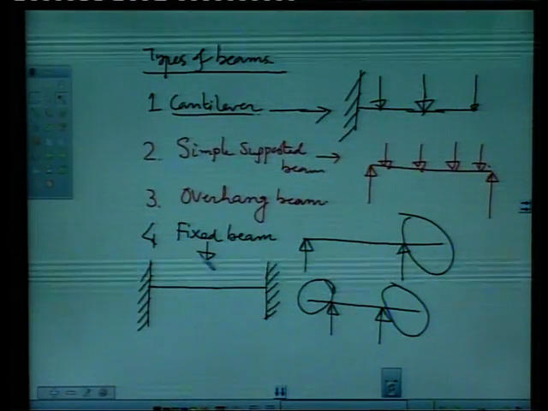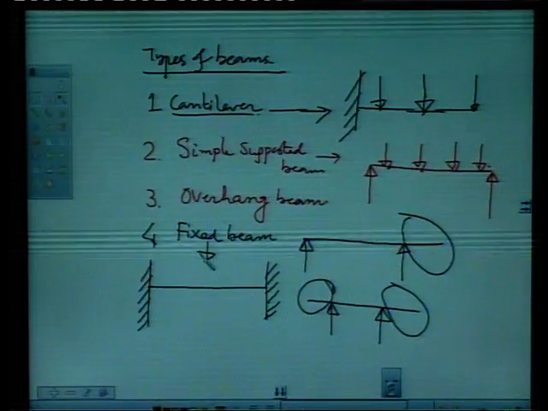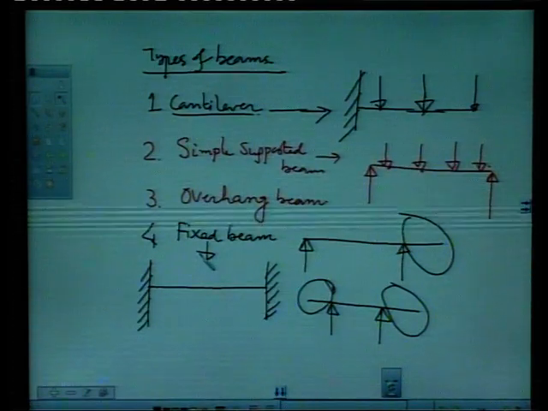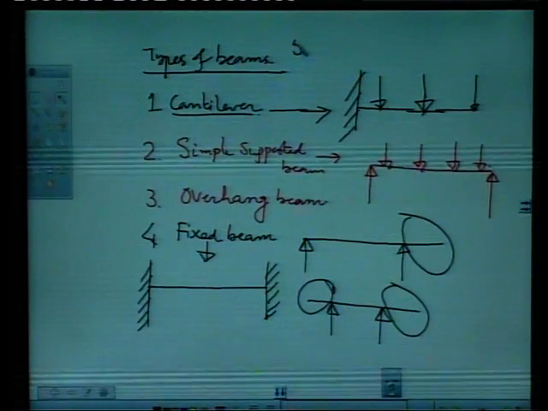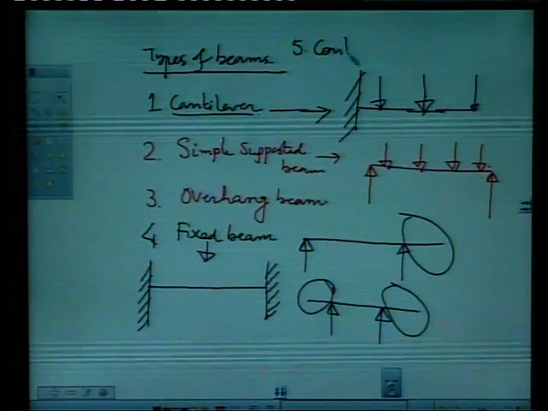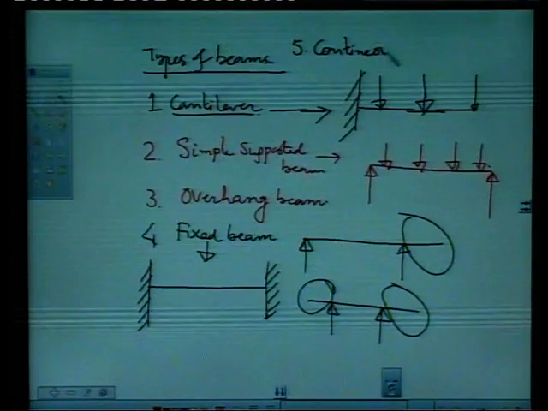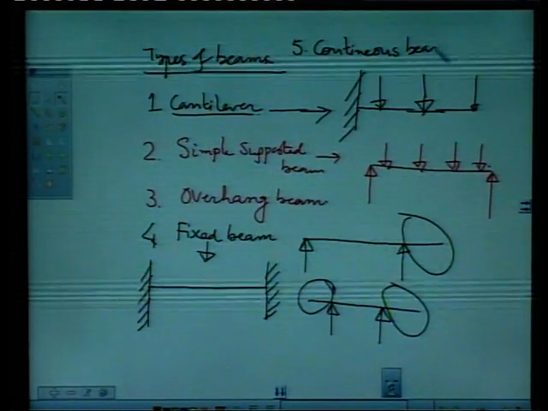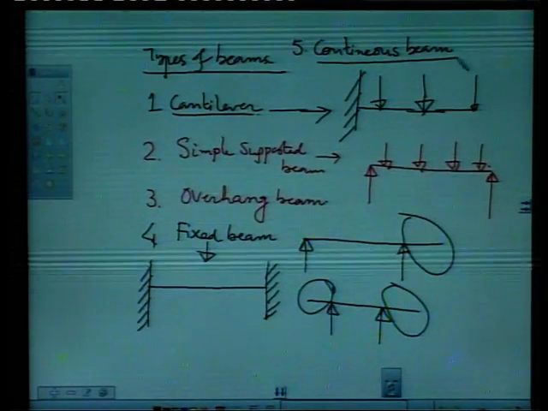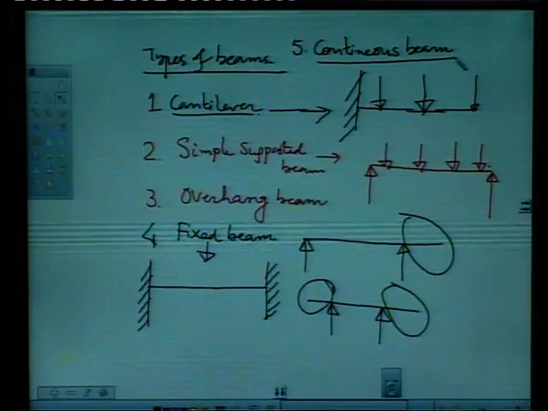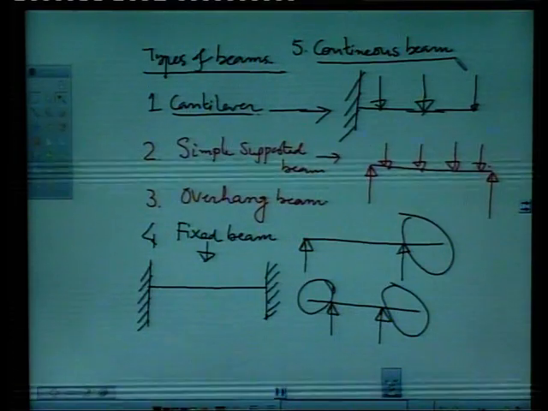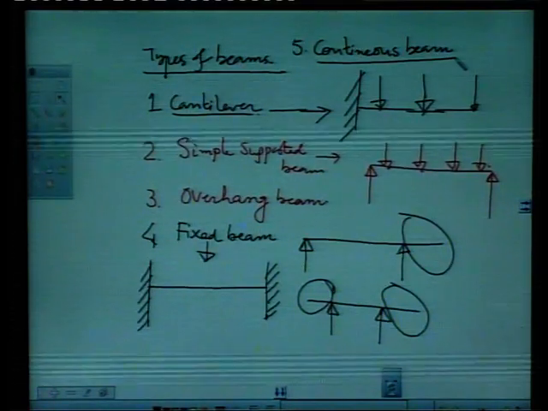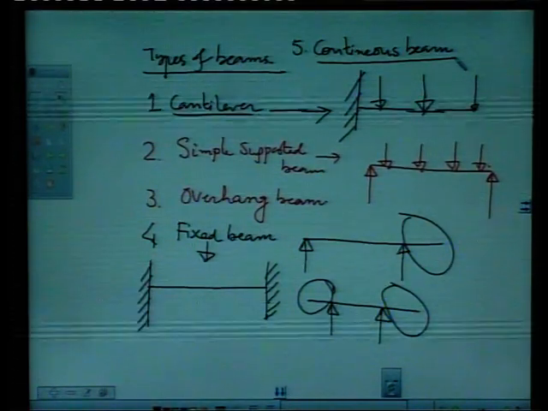Clear? And there is another type of beam that is called a continuous beam. I will write here, continuous beam. Continuous, as its name indicates, the beam is continuously supported. This beam is continuous in length, but supported at only two ends.